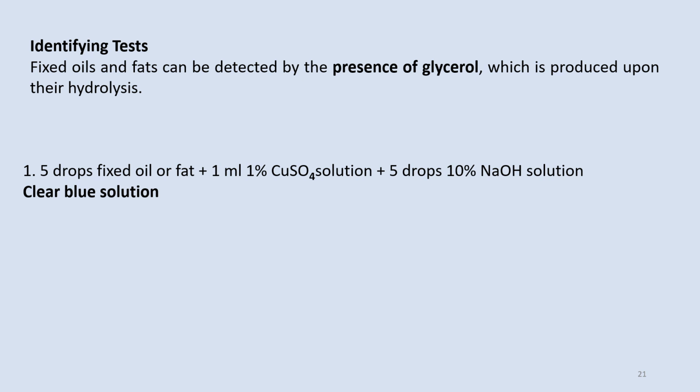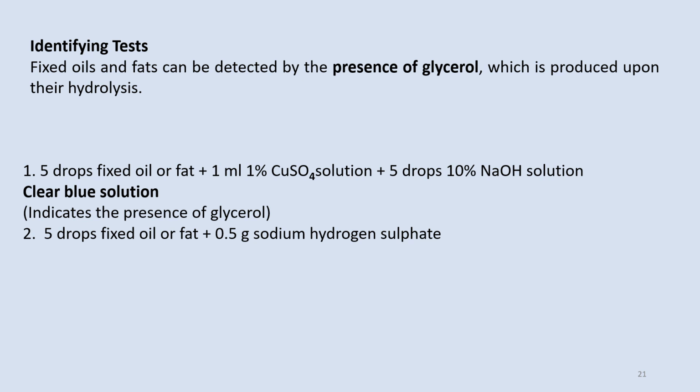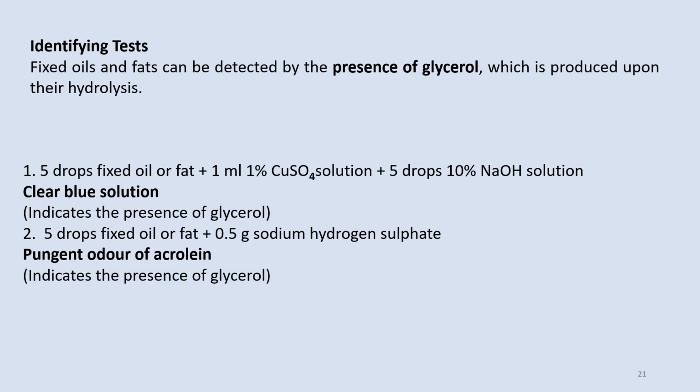You will get a clear blue solution, indicating the presence of glycerol. The next test is 5 drops of fixed oil or fat with 0.5 grams of sodium hydrogen sulfate. You will get a pungent odor of acrolein, which indicates the presence of glycerol.